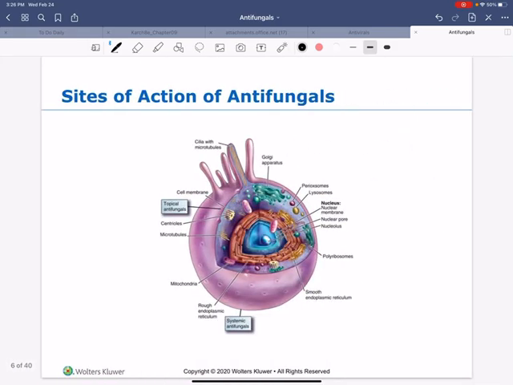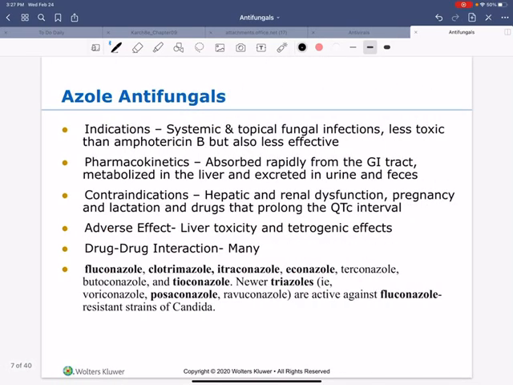There are different sites of action of the antifungals, but the goal is to get through that layer. So when you see azole, you think fluconazole, clotrimazole, itraconazole. These are all the different azole medications, and some are systemic, some are topical.